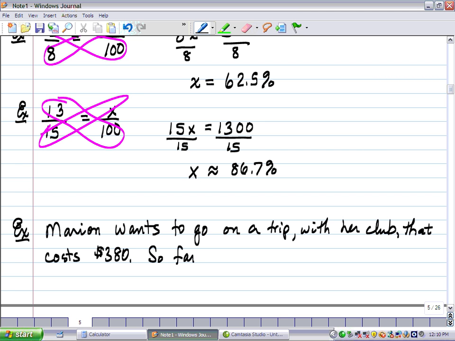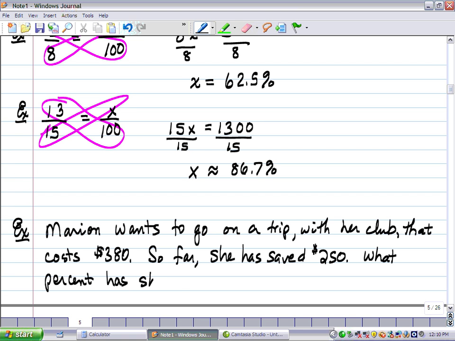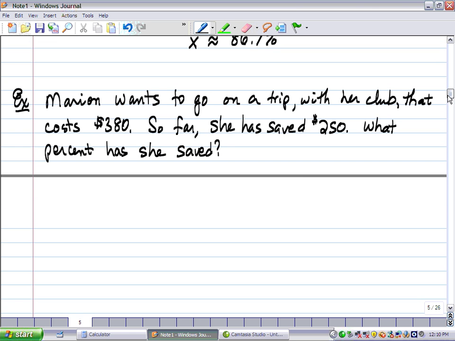So far, she has saved $250. What percent has she saved? You could also ask the question, what percent does she need? So let's make it like a part A and a part B. What percent does she still need?